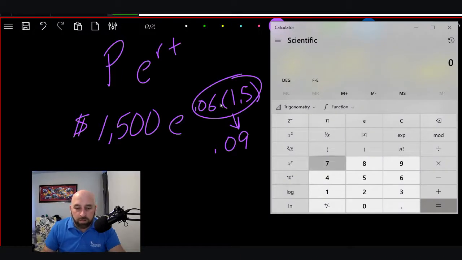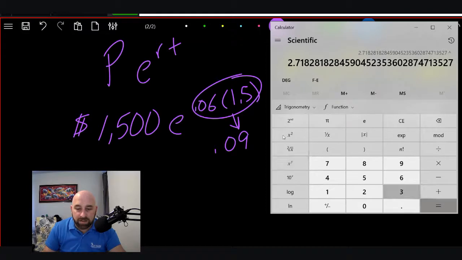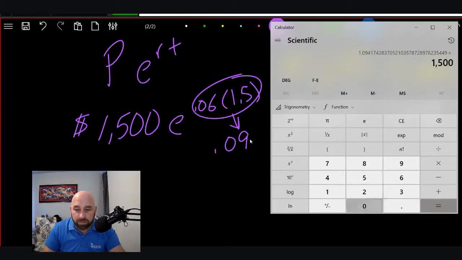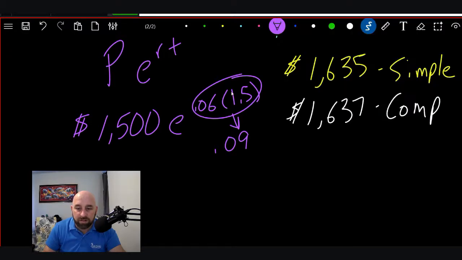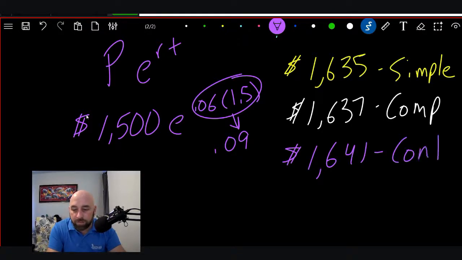Okay, so what we'll do now is we'll take Euler's number and we'll raise it to the 0.09. And that's going to give us 1.09417. And then we're going to take that and multiply it times the principal, the 1,500. And that's going to equal 1641, and that's continuous. Okay?